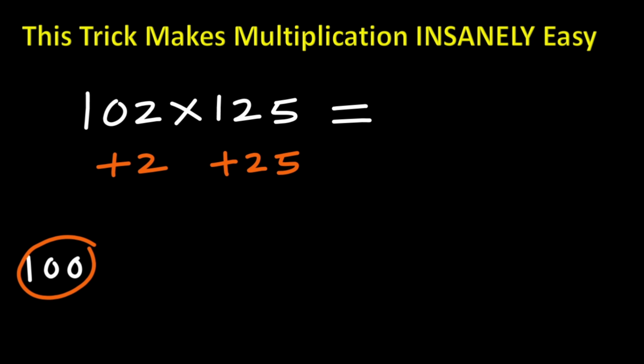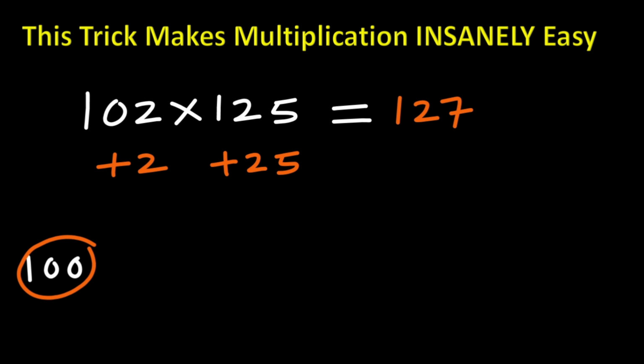Now we look at the diagonal numbers. 125 plus 2. That's going to be 127, right? Or you can look at it this way. 102 plus 25, that's also 127. All right.